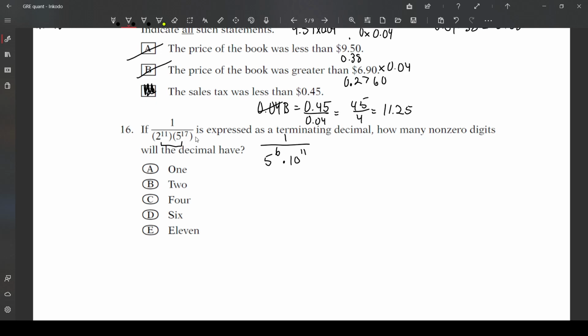Oh, and you know what? No, actually, you want to make it so that you have the power on top and then a power of 10 on bottom. And this is 64 times 10 to the negative 17, which means this is going to be 0.0 blah blah blah 64, so it has 2 non-zero digits.